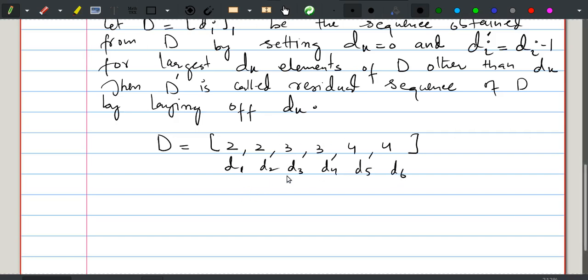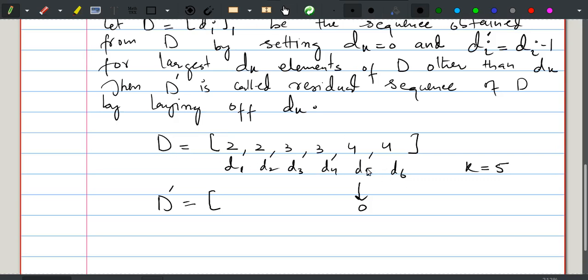Let us take k equal to 5. We form the residual sequence d prime by setting d5 equal to 0, and we look over the largest d5 elements of this sequence d.